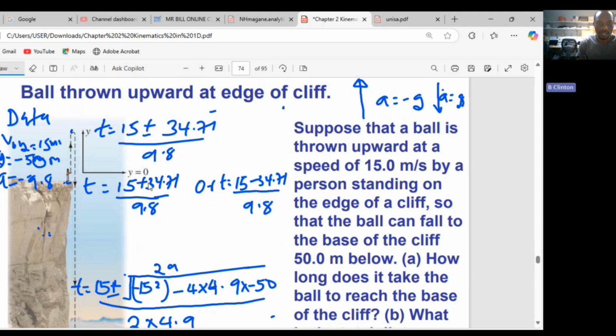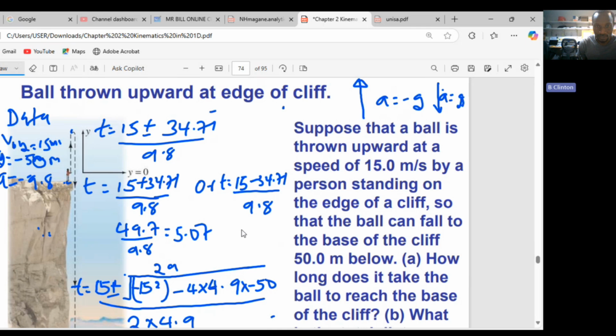So 15 plus 34.71 gives us 49.7. Here we have 49.7 divided by 9.8, and this is going to give us a value of 5.07.